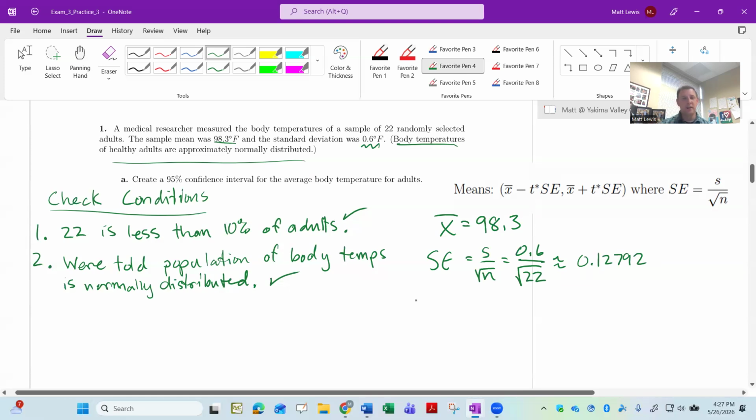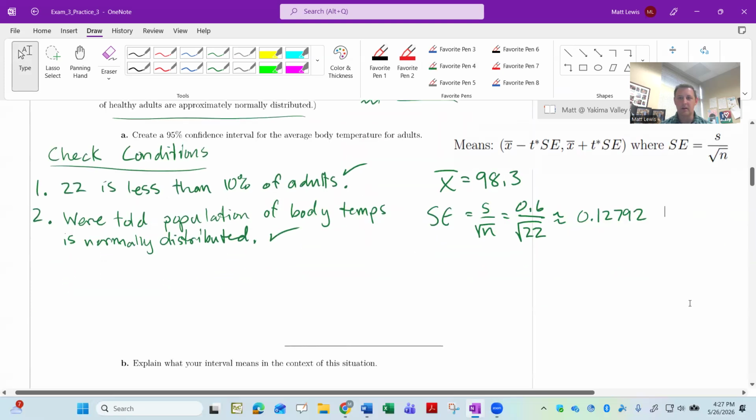Okay. So then the only thing left is my T star. So remember what we're doing is we are saying, I want to figure out what T star ought to be so that when I sketch this picture of the sampling distribution, going down that amount and going up that amount will encompass the correct percentage of the sampling distribution, right?